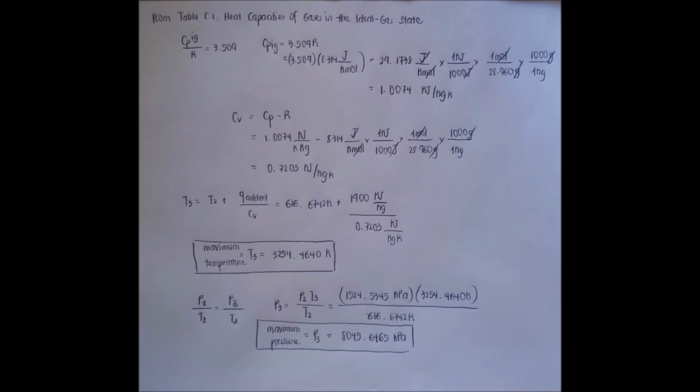By multiplying this value by the ideal gas constant and using conversion factors, we will obtain that the heat capacity of the air in the ideal gas state is equivalent to 1.0074 kilojoule per kilogram Kelvin. With the value of the Cp and the ideal gas constant, we can compute for the value of the Cv using the relationship Cv is equals to Cp minus R, and it has a value of 0.7203 kilojoule per kilogram Kelvin.